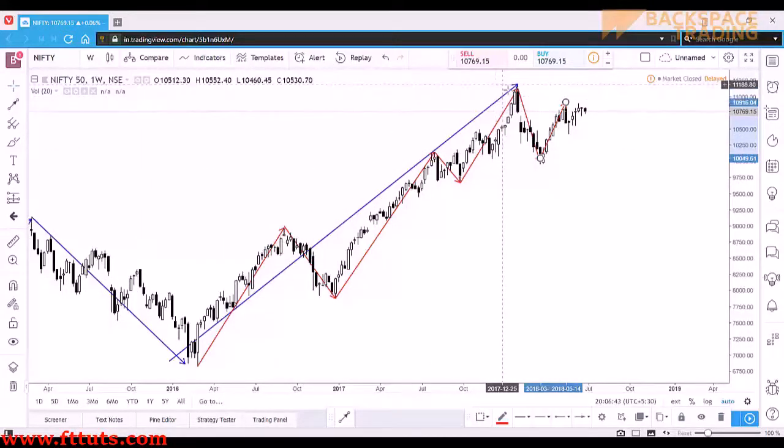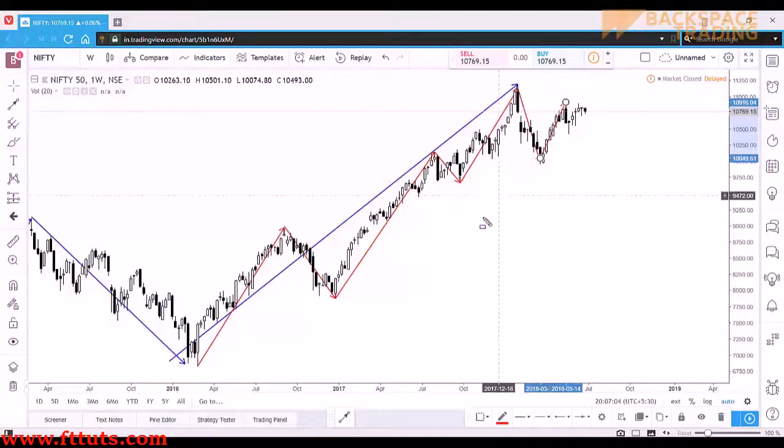Isn't that something amazing? Well, of course, overall on a monthly chart, it is already in an uptrend. Now, considering the weekly chart, it is also in an uptrend. The powerful definition of uptrend itself is higher highs and higher lows.